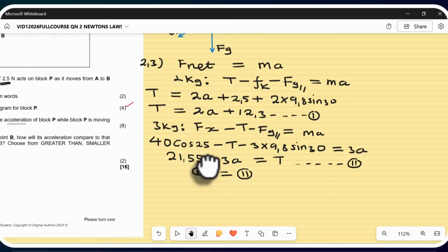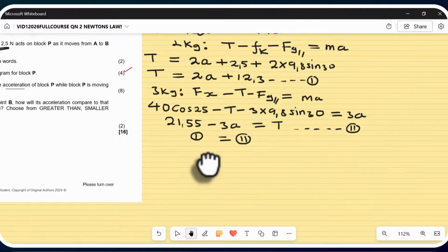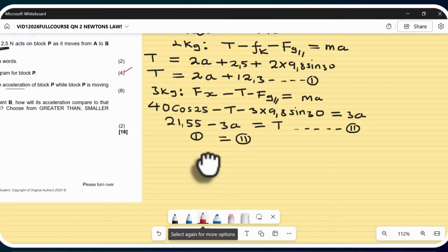So 21,55 minus 3a is equal to 2a plus 12,3.